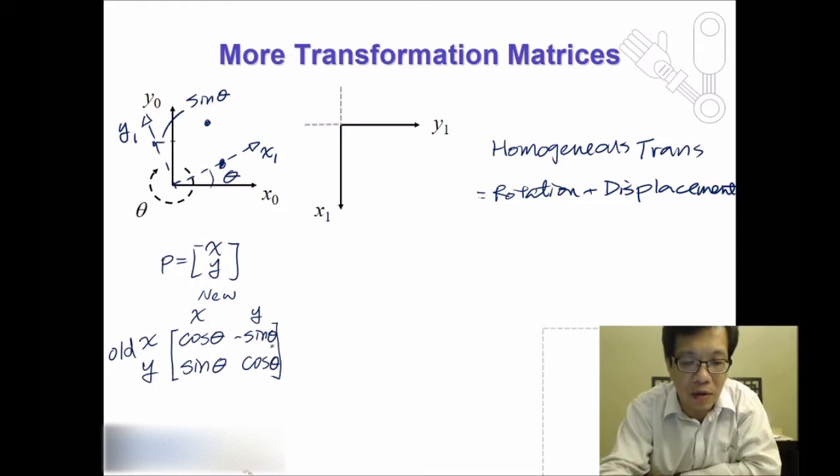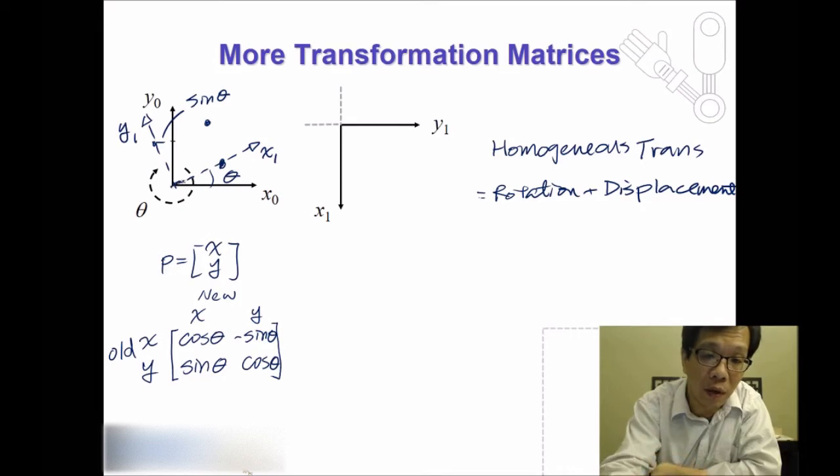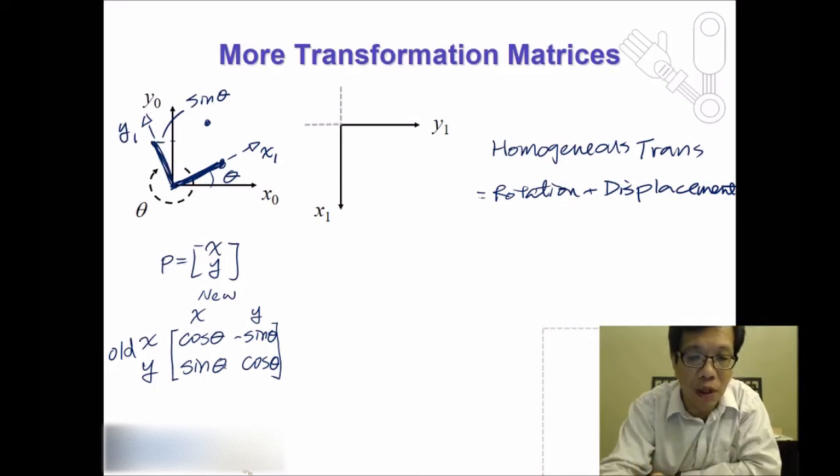When we look at cosine theta and sine theta over here, we are talking about one unit along this direction and one unit along this direction. So when we project the unit vectors of the x and y components from the new coordinate system back to the old coordinate system, this is how we represent that.